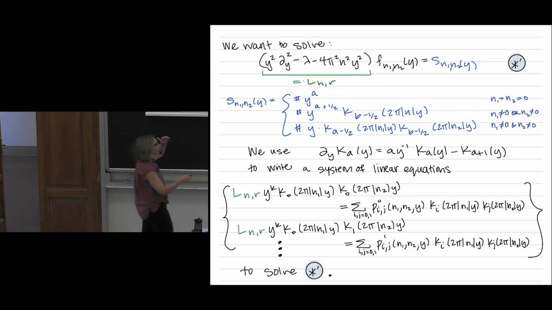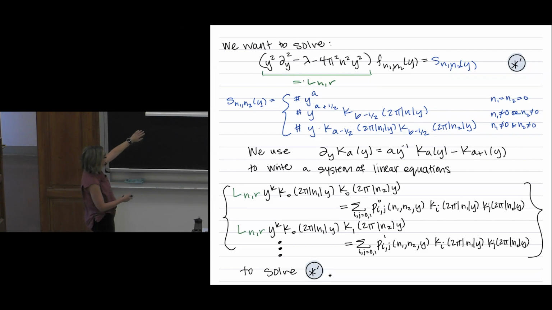So we're just lowering the degree based off a really nice recurrence relation that I can put up here if that's confusing. But yeah, I end up with this nice system of equations.